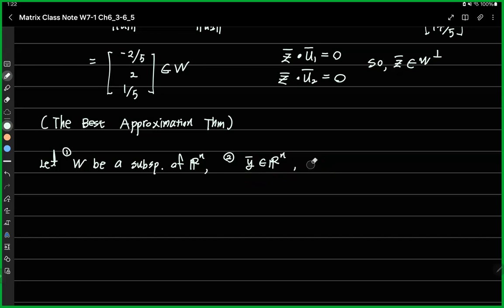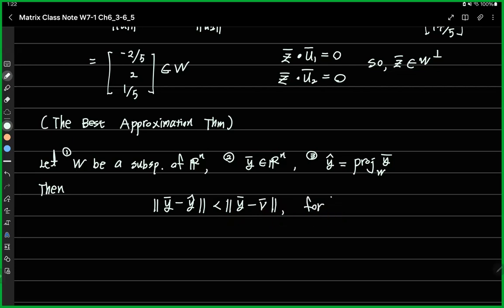And third, let Y hat be the orthogonal projection of Y onto W. Then the norm of Y minus Y hat is less than the norm of Y minus V, for any vector V in W.